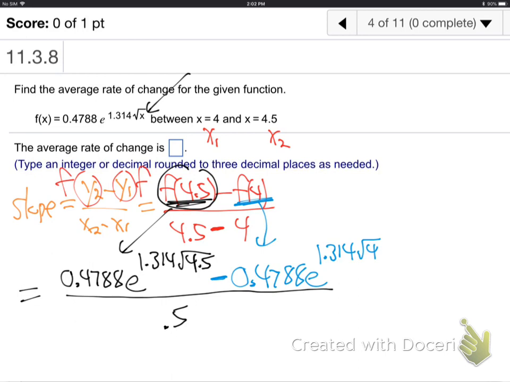I got, the whole thing came out to be, how many places do they want? 3 places. 2.291. Did y'all get that?